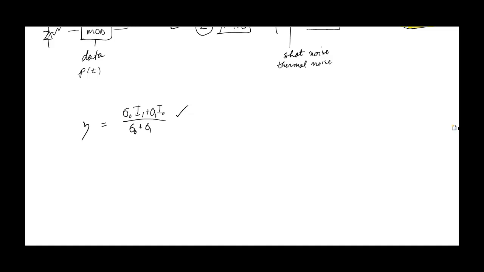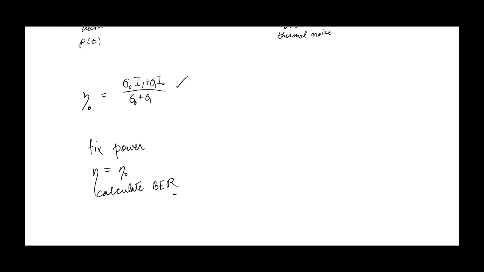threshold. So what I suggest that we can do instead is that we fix the power, and then we start with eta, the threshold, equal to this default value, and we calculate the bit error rate. Then we begin iterating. We change the initial threshold, and we examine values on both sides around this initial value.